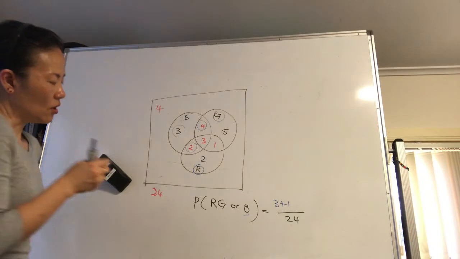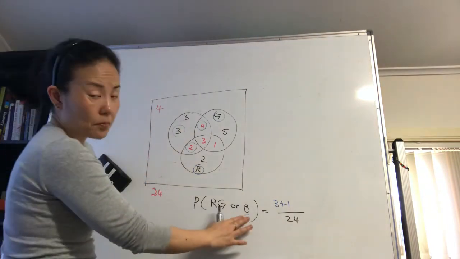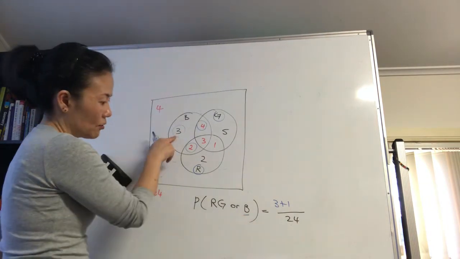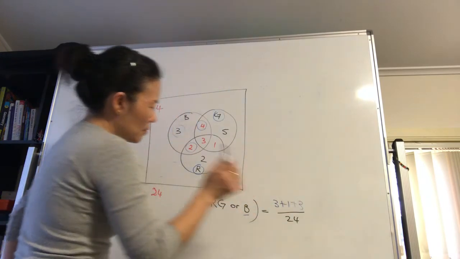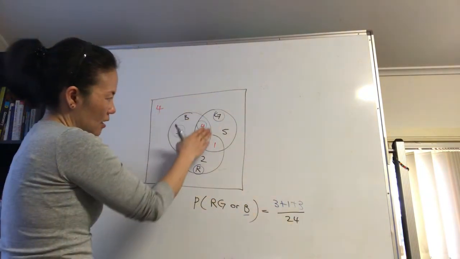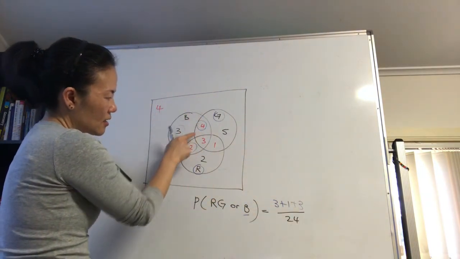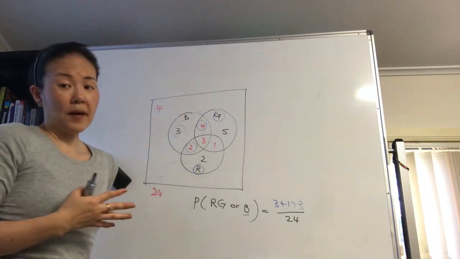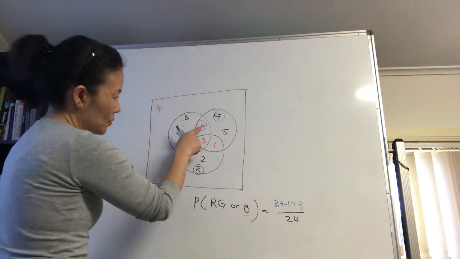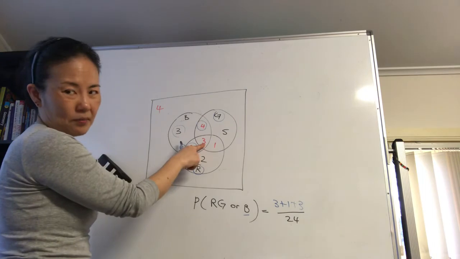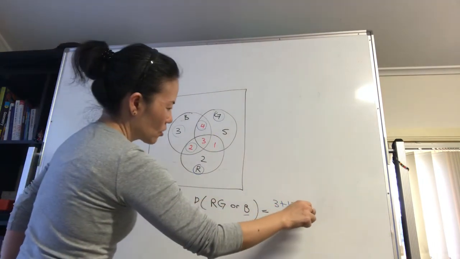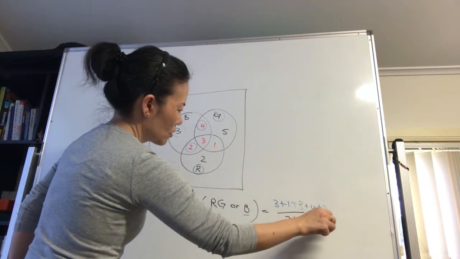So basketball player, how many basketball players do we got? 3. But the intersect part is also a basketball player, isn't it? So you have to put 4 and 2. We don't put 3 because we already counted there. So you go 4, 2.